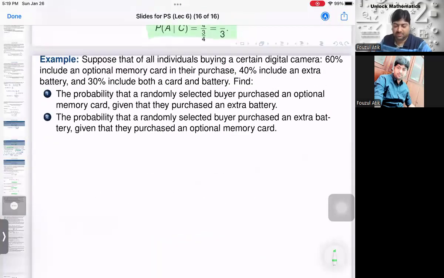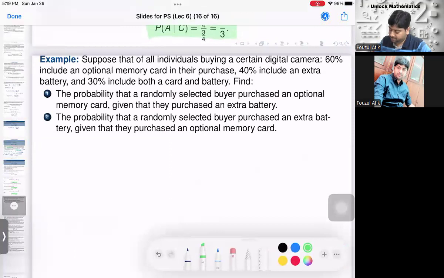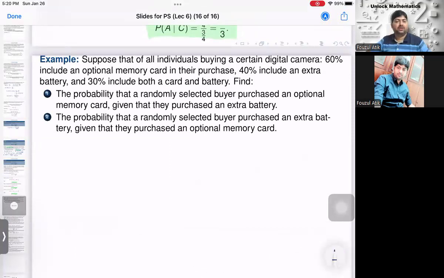Okay, look at this problem carefully. Suppose that of all individuals buying a certain digital camera, 60% include an optional memory card in their purchase, 40% include an extra battery, and 30% include both a card and a battery.